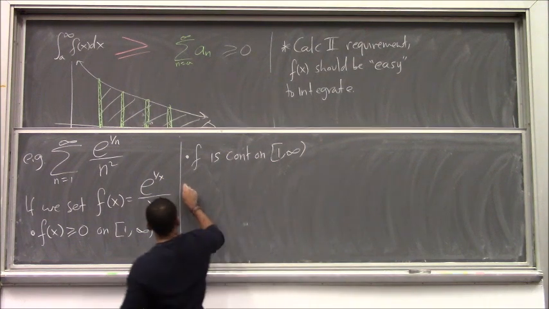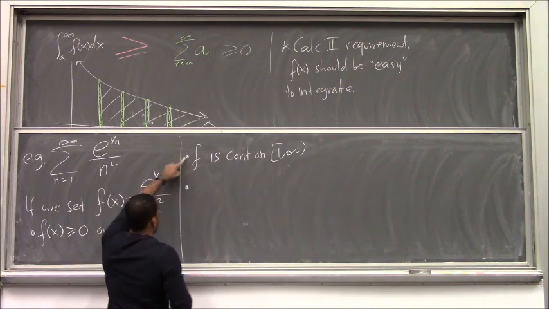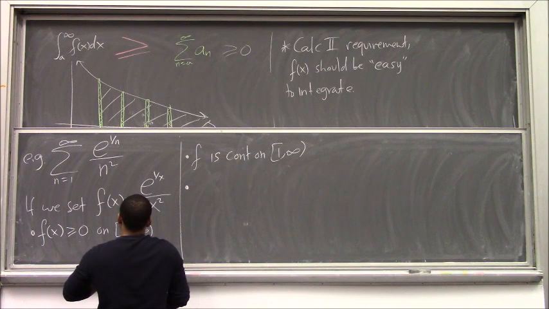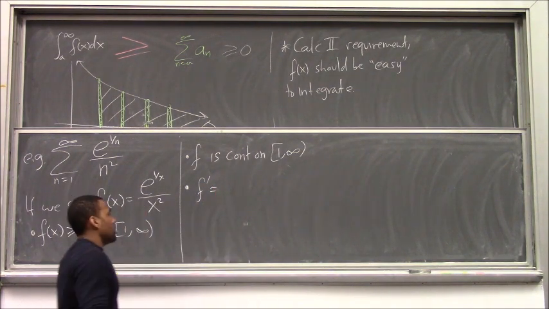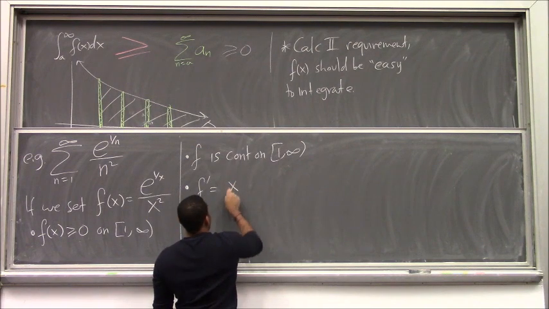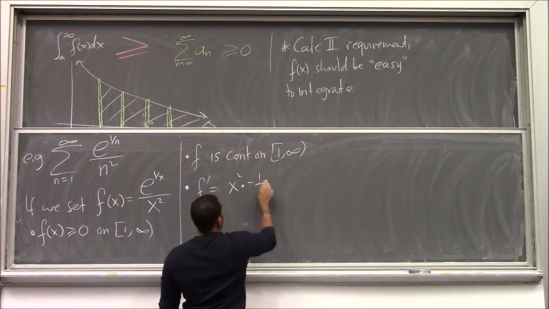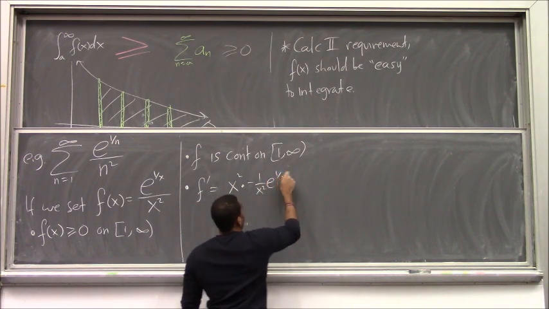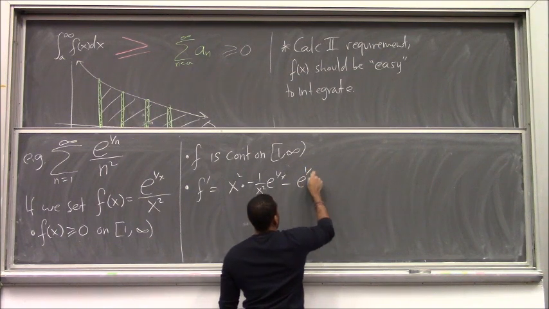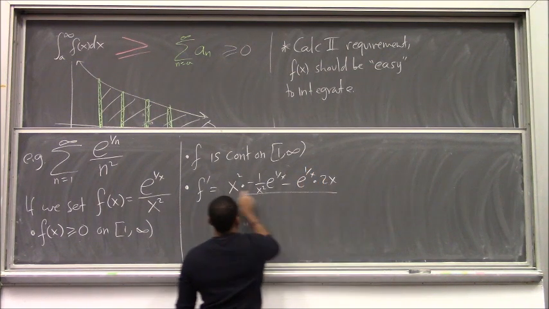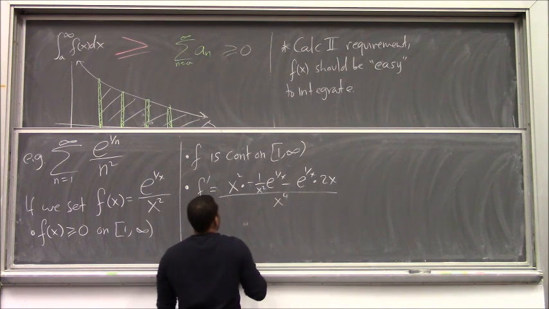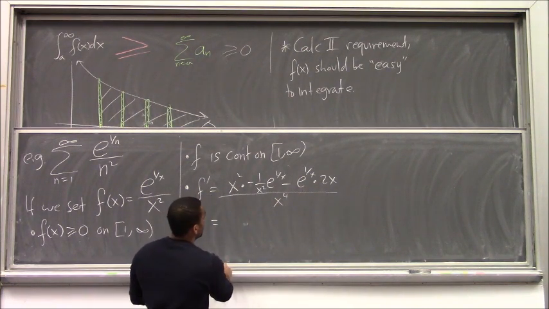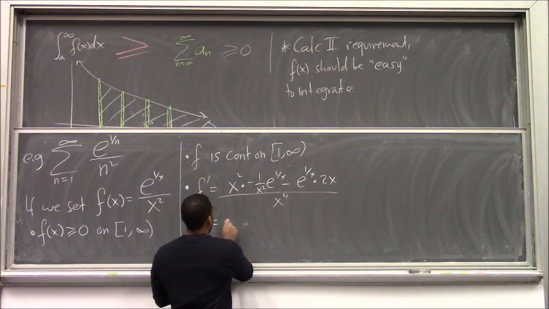Third of all, if I were to take the derivative, what would I get? Well, it's going to be the bottom times the derivative of the top minus the top times the derivative of the bottom over the bottom squared. So that is going to be, well, minus e to the 1 over x.